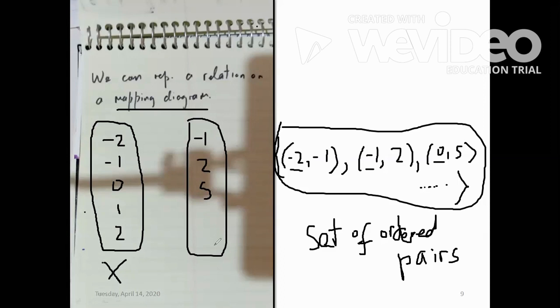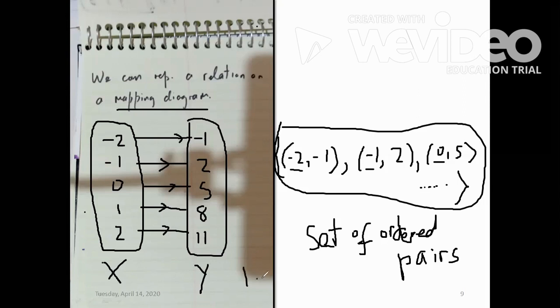So this is 8, and 11. So we have these arrows here. All right, so this is our mapping diagram.